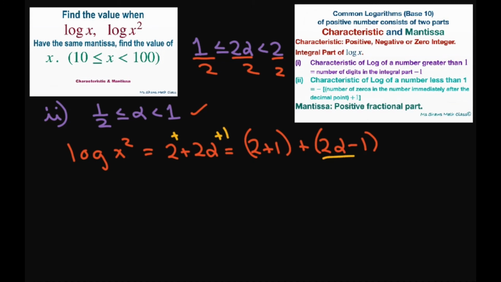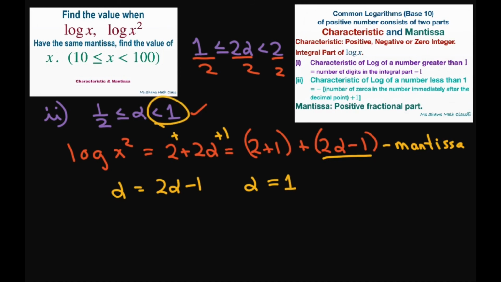So this part here would be your mantissa. Since log of x and log of x squared have the same mantissa, that means we have alpha equals 2 alpha minus 1. That means our alpha would equal 1. But that's not possible. It has to be less than 1, right?